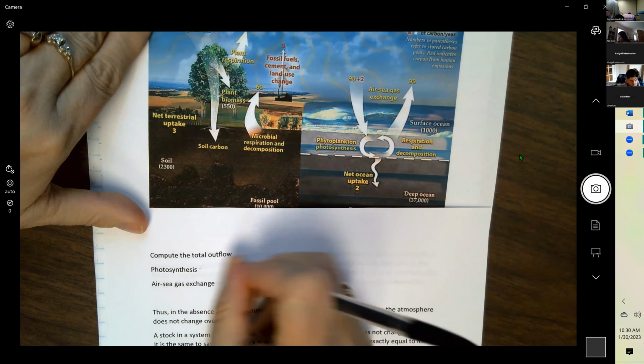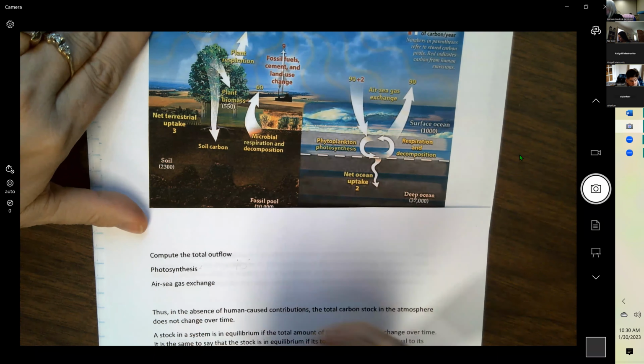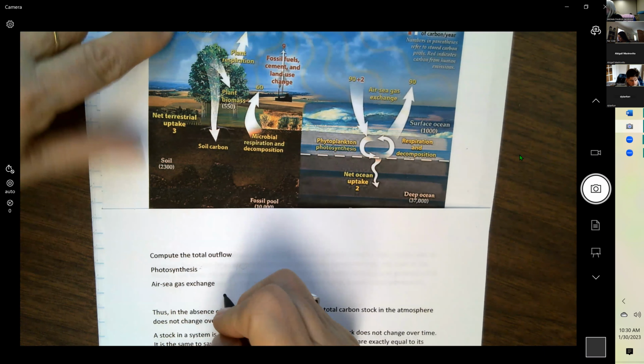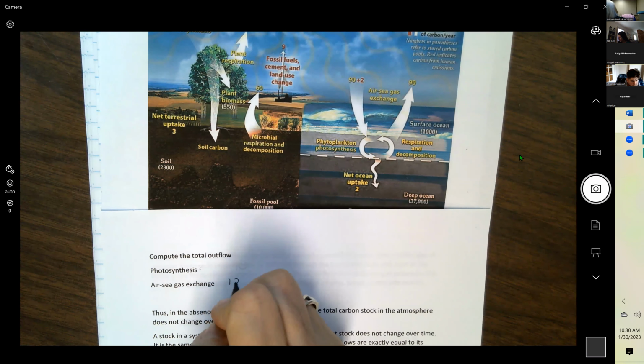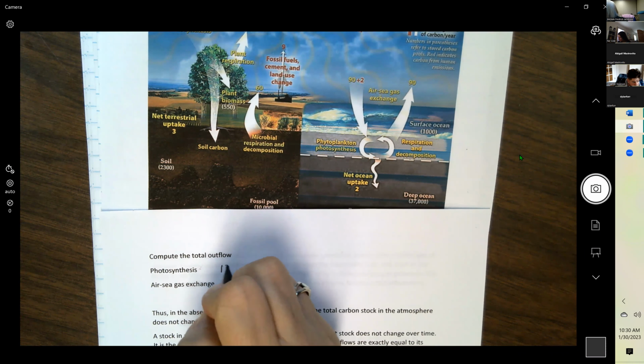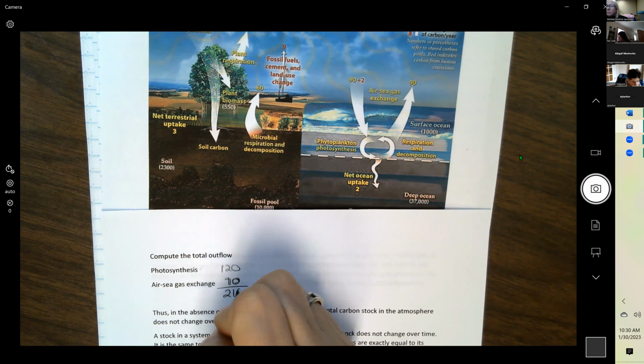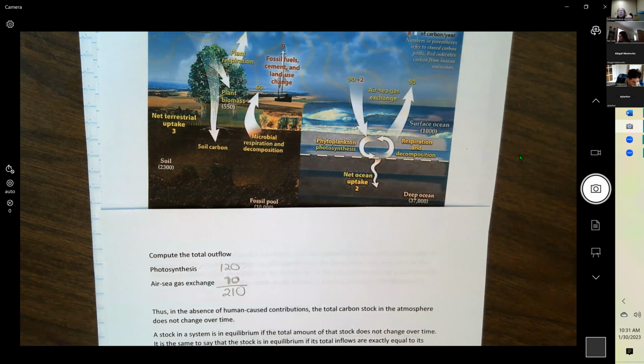Oops, so I should put that down. And then the photosynthesis is on land, 120. Notice they're the same. They were both 210.